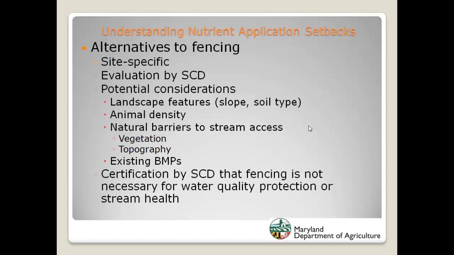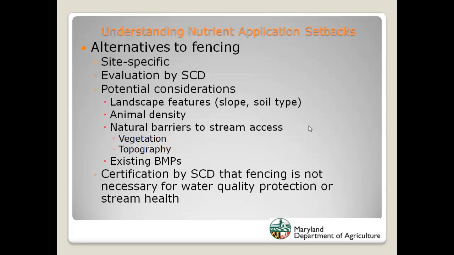We're working with the Soil Conservation District now. What we envision is having a certification form that would be included as part of the planning process, and it would identify this farm and this pasture, and there would be a sign-off by the Conservation District that the specific BMPs listed or the management that was being applied was a sufficient alternative to meet the intent of the regulation.